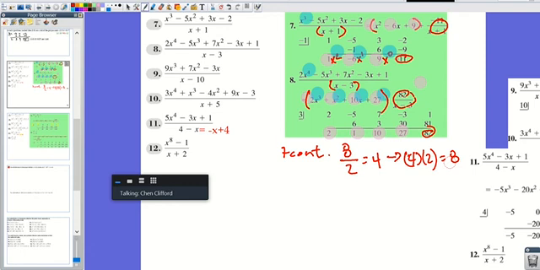I want you to know how to get to this right here. By the way, this 82, you just write it here. This 82 went right here, and the x minus 3 went right there.